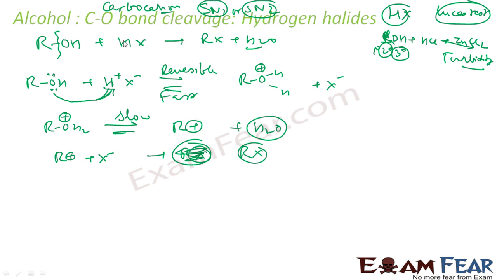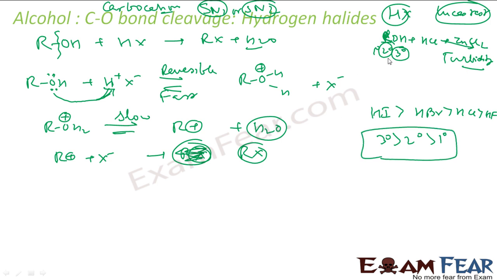And if we talk about the hydrogen halide reactivity, we have discussed this so many times. HI is best, then HBr, then HCl, and then HF, rarely used. And for alcohol reactivity, 3 degree is fast, then 2 degree and then 1 degree.